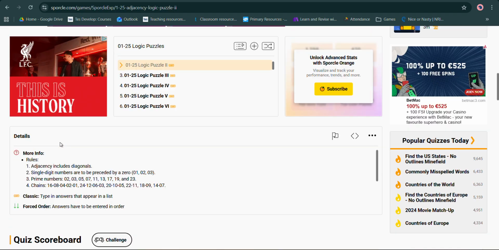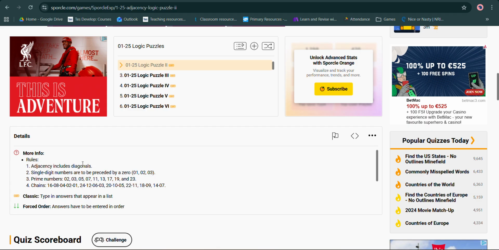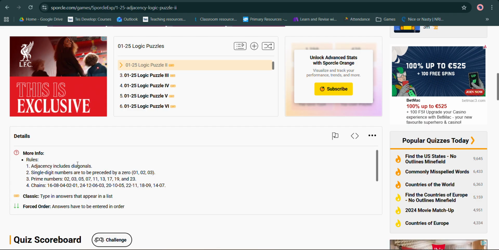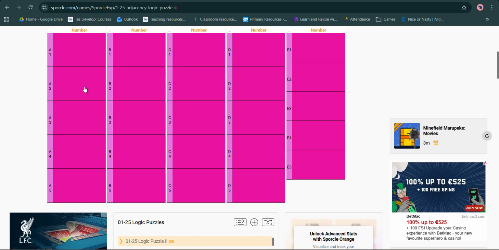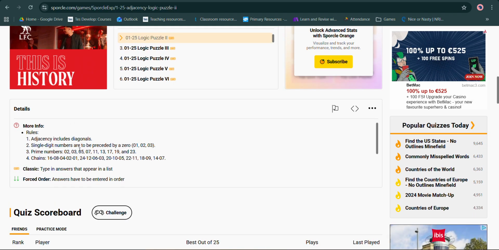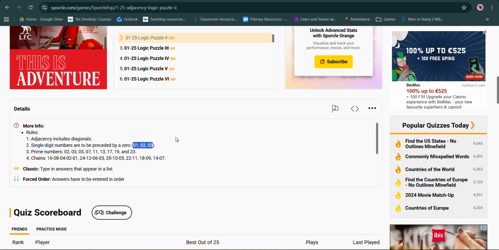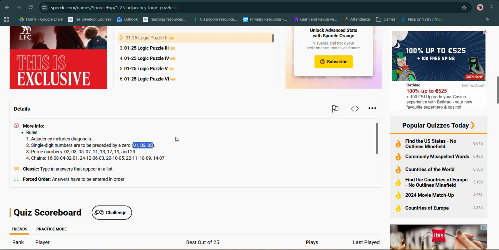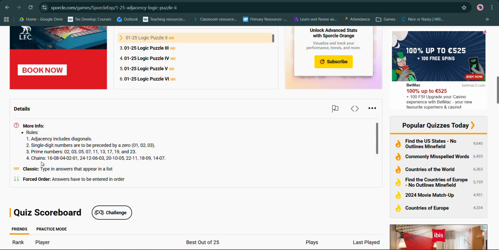If we go down to this information, it tells us that adjacent, whenever it says that word, it includes diagonals. So A1 is adjacent to B1, B2 and A2. If you're going to play along, you have to put in 0 before single digits so that it registers. It tells us the prime numbers and chains.